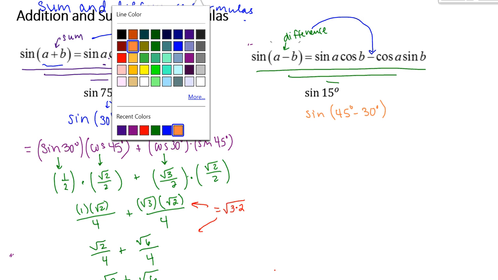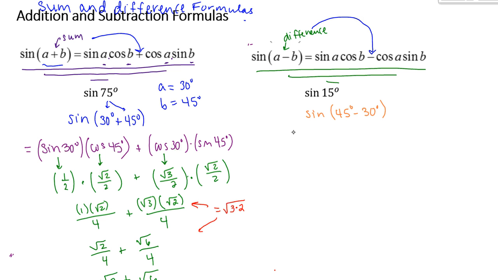So now it's going to become the sine of 45 times the cosine of 30 minus the cosine of 45 times the sine of 30.